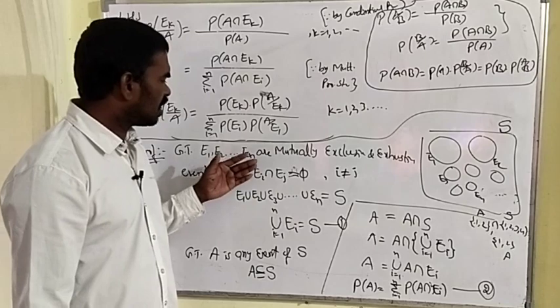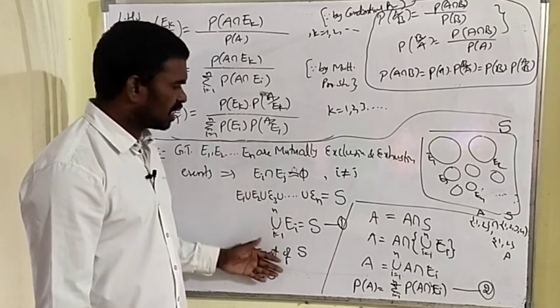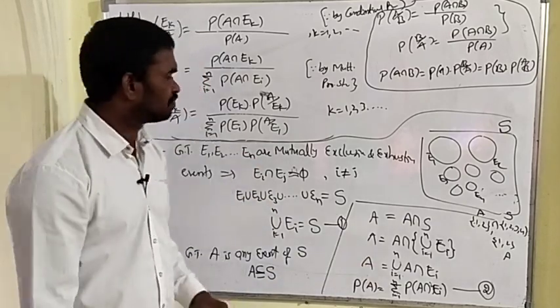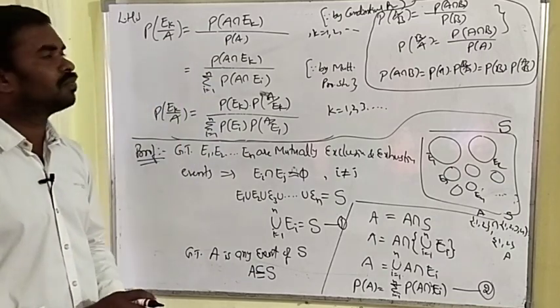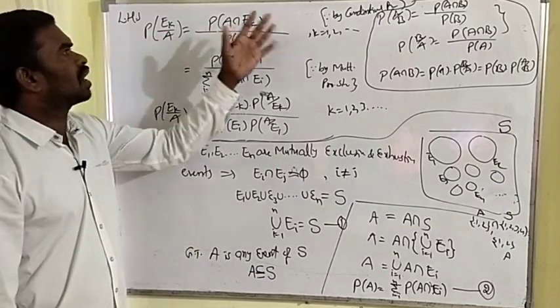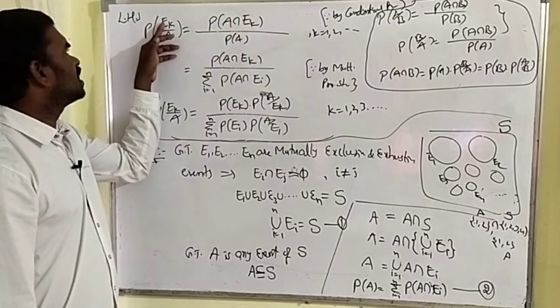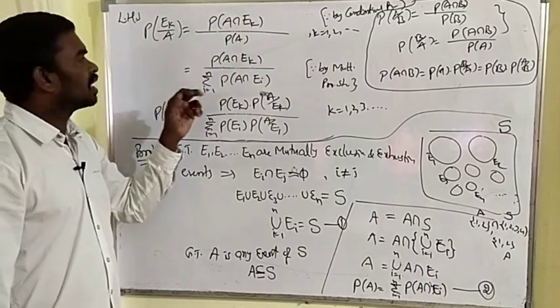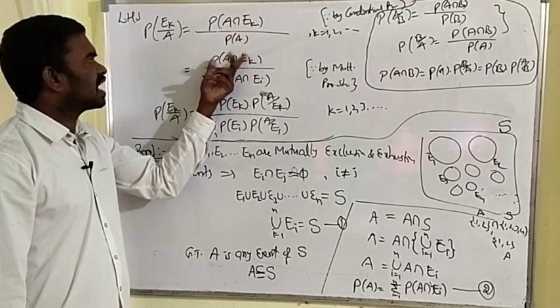After gathering the statements, take the left hand side of the proof and express it according to the conditional theorem, that is P of A intersection Ek by the probability of A. Next, P of A intersection Ek write as it is.